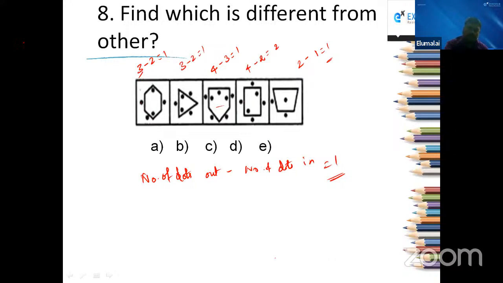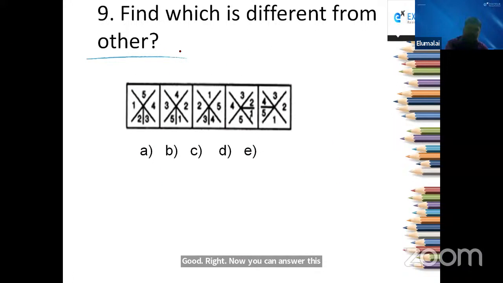Good. Right. Now you can answer this question. See, already I told you the number of dots inside the figure is an odd number.